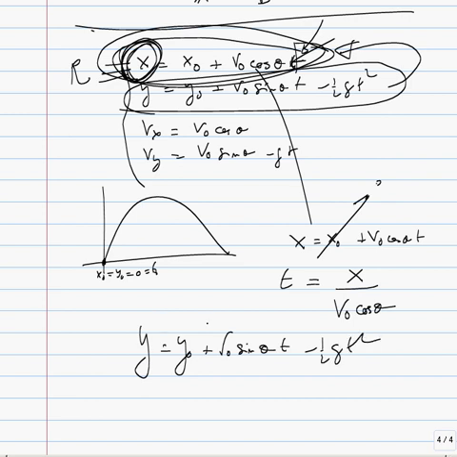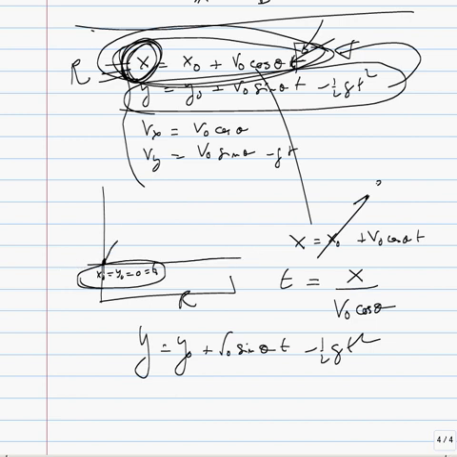Now again, I'd like to figure out the range. And when I know the range, the point that I'm going to consider is always going to be right here, at the end of the trajectory. In my particular case, I consider the case where it's level. So remember, I'm making several assumptions here.